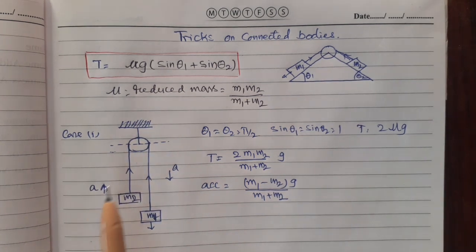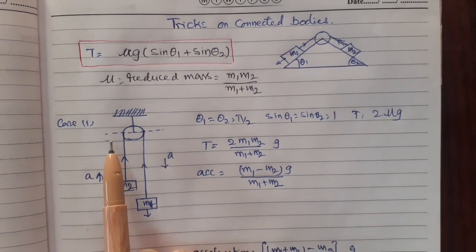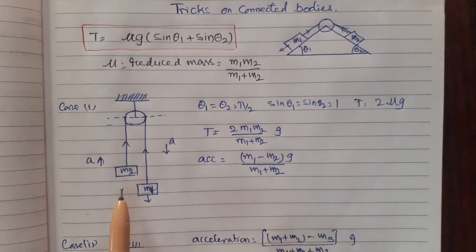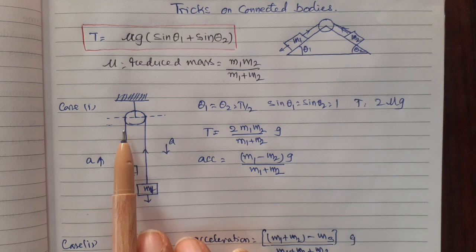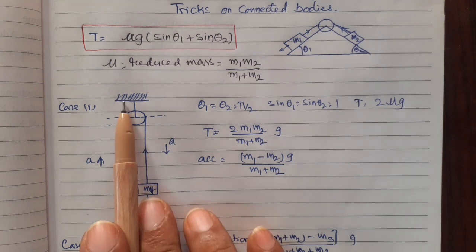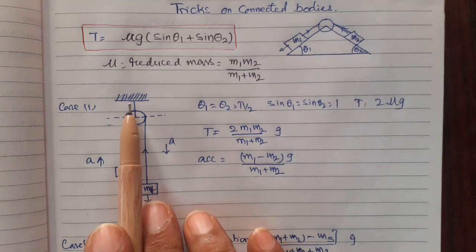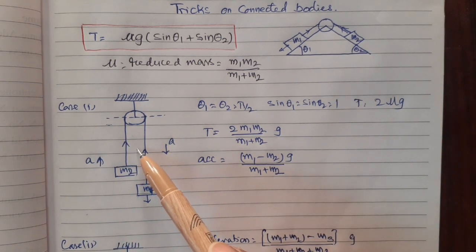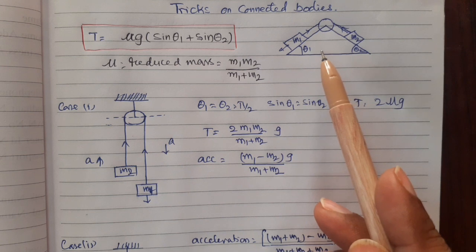Now consider the case of a towed machine. Here the two masses m1 and m2 are connected by a single string over the pulley, and the pulley is connected to a rigid support. This towed machine can be obtained from this diagram.